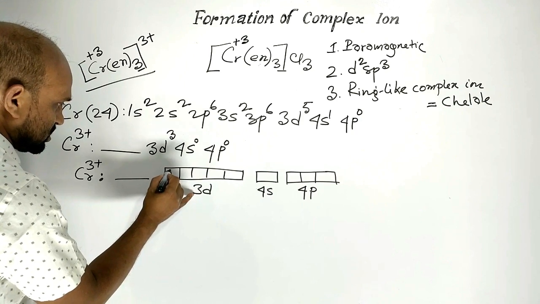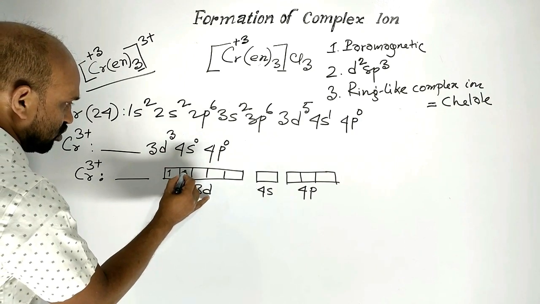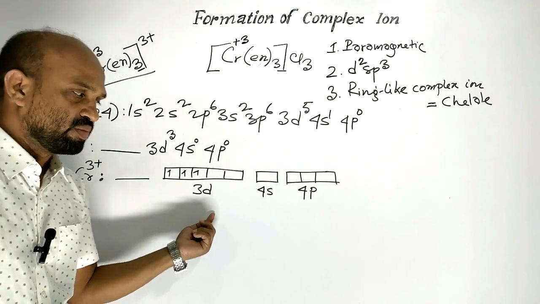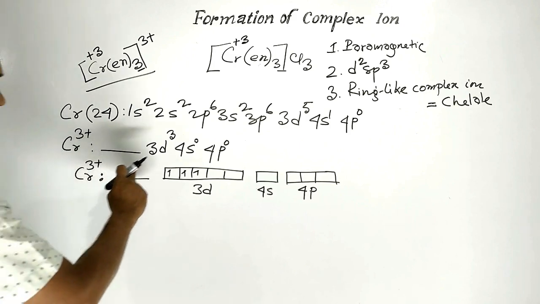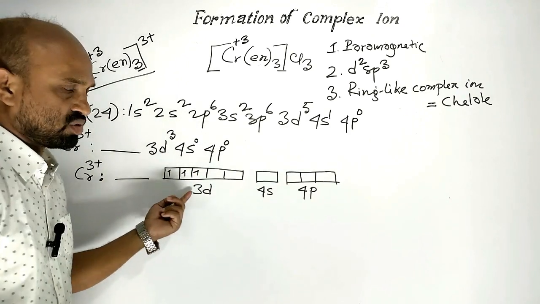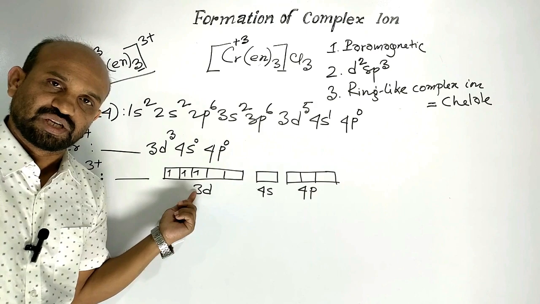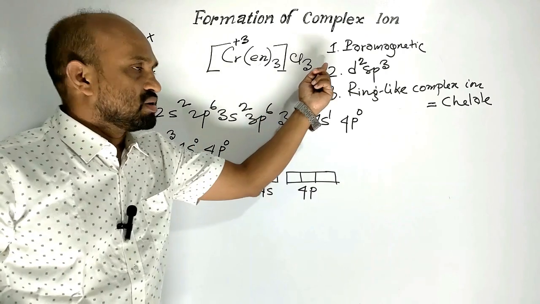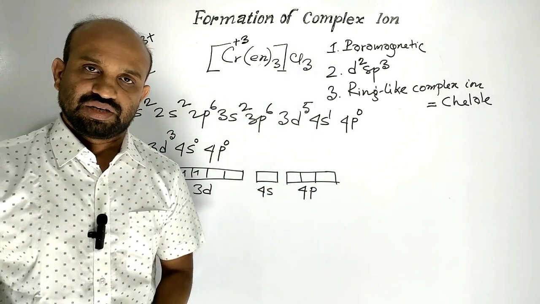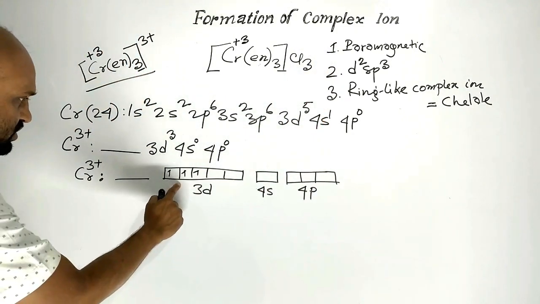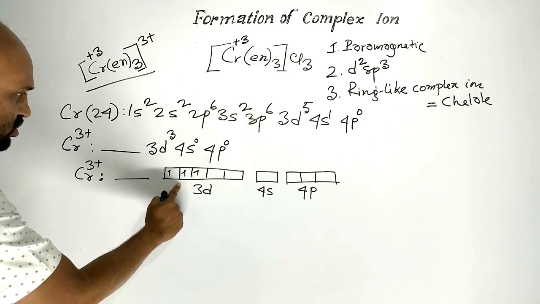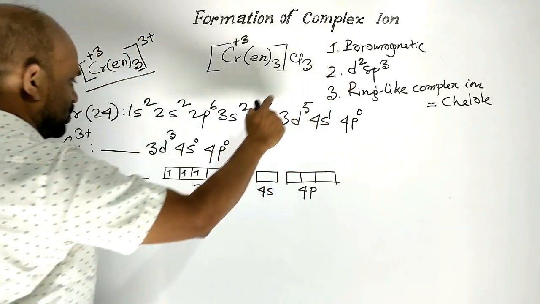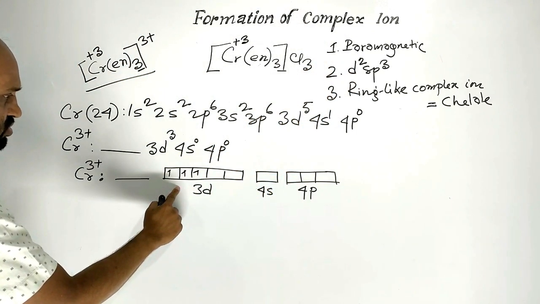Let us distribute these 3 electrons according to Hund's rule. Here the chromium 3 plus ion contains 3 unpaired electrons. Because of the presence of 3 unpaired electrons, this ion is paramagnetic in nature. So we got why this ion is paramagnetic: because it contains 3 unpaired electrons.